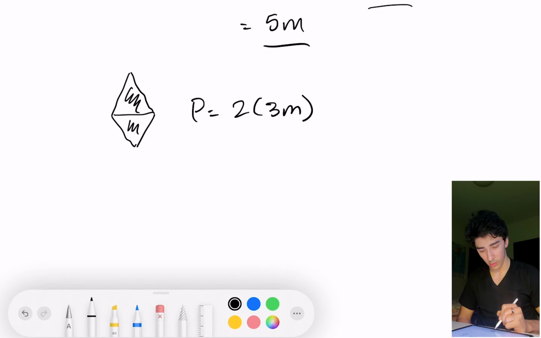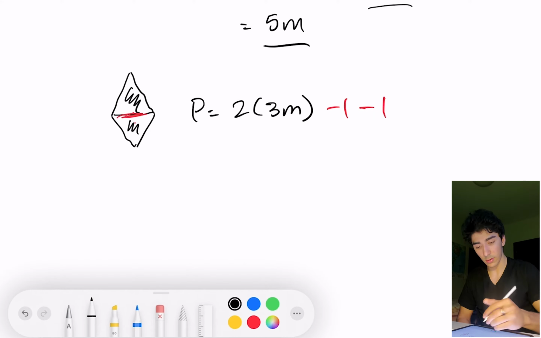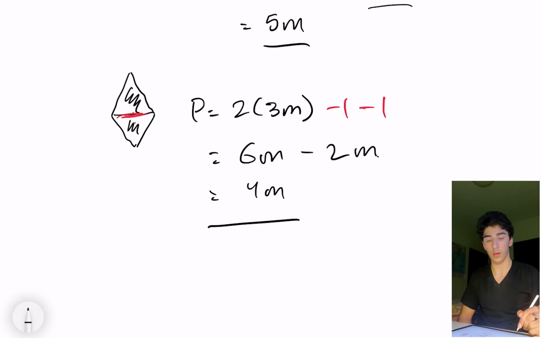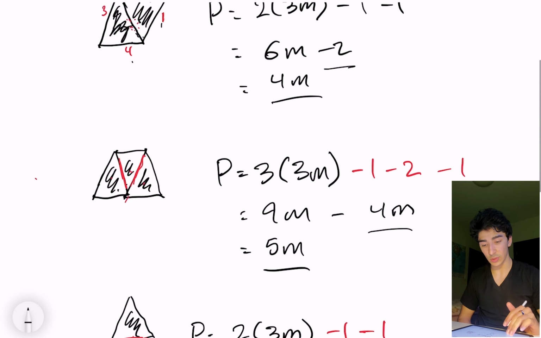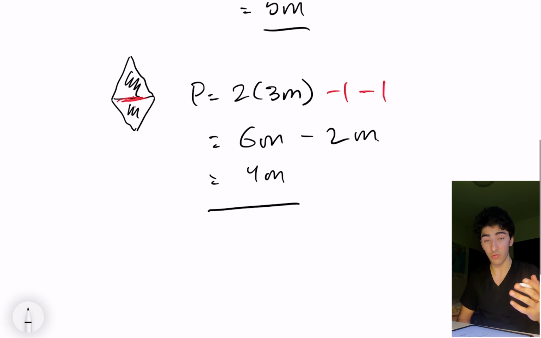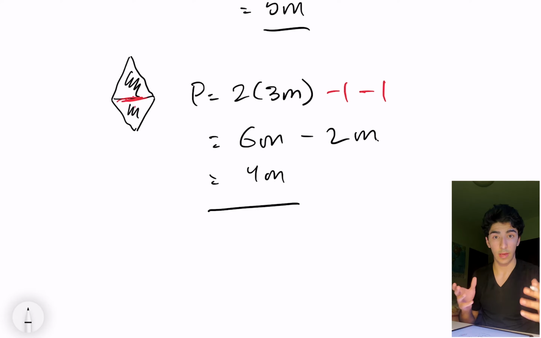And since the first triangle has one of its sides covered, and the second triangle has one of its sides covered, then the perimeter is once again equal to 4 meters, but once again we see that the relation where a shared side equals minus 2 meters is true. So regardless if it's vertically touching or horizontally touching, we subtract by 2.